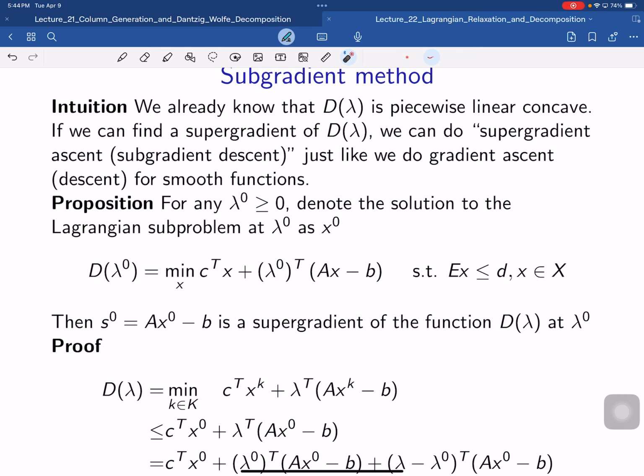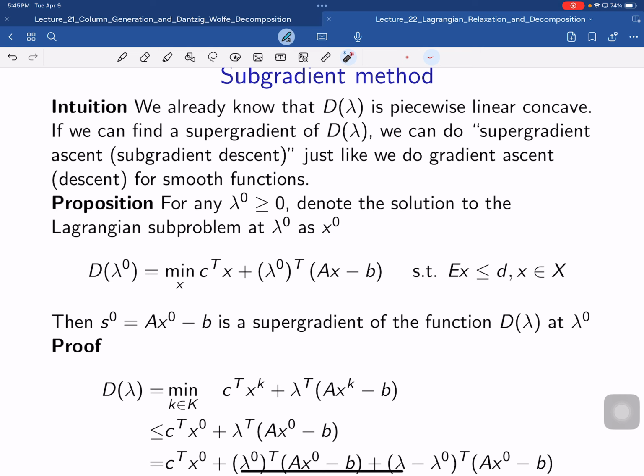This proposition is saying that you solve this MILP at lambda naught and you get the optimal solution x naught. Then it says this s naught equals A x naught minus b is a supergradient of this function at lambda naught. Right? So this proposition gives you at least one supergradient at any arbitrary point.